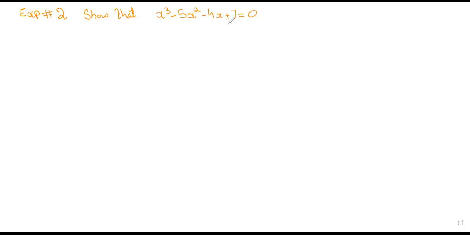Show that this equation can be written in the form x equals a plus b by x plus c by x square. So this is your question. And the first part is just to show that this equation can be written in this form.